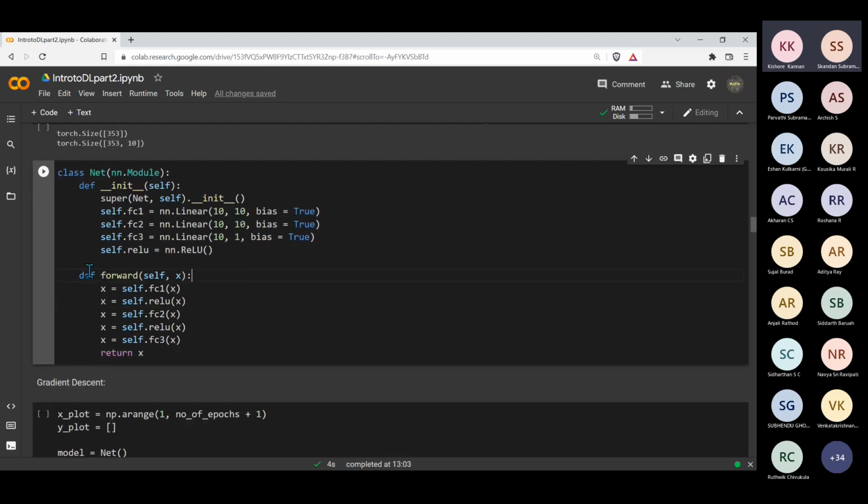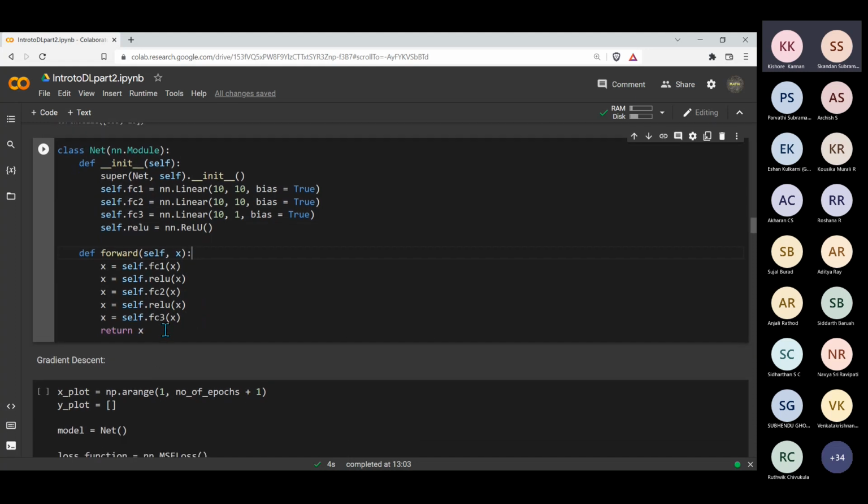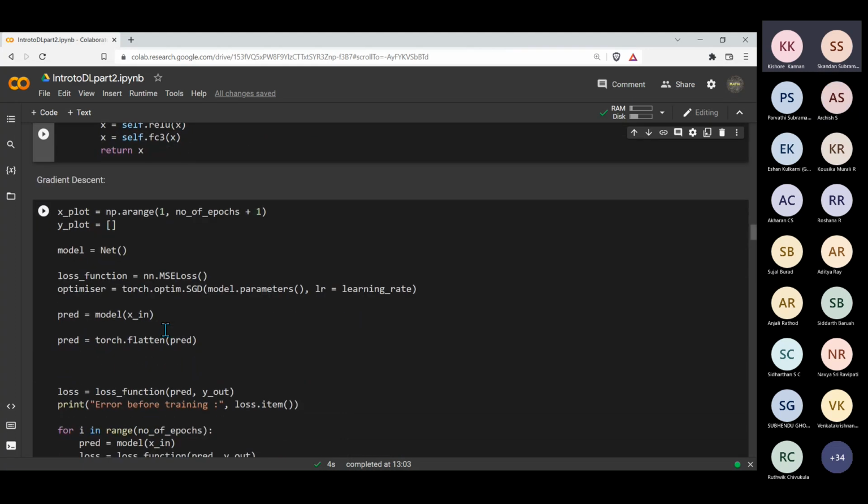Then we define the function for forward propagation. First the input passes through the first layer, and then the values go to the ReLU activation function, and then again to the second layer, then ReLU, and the third layer, and then we get the output.